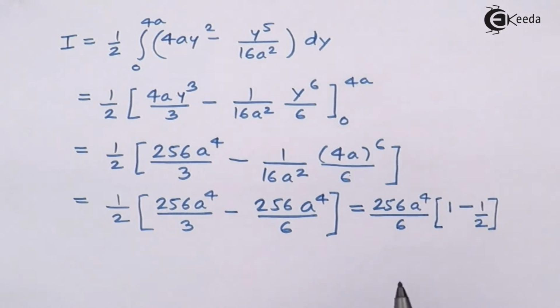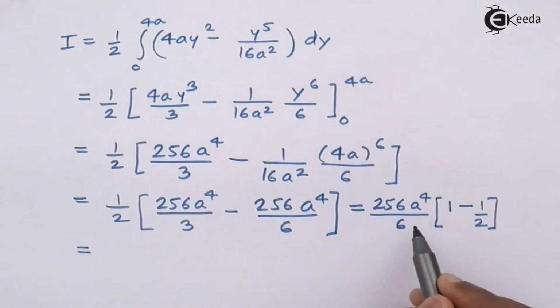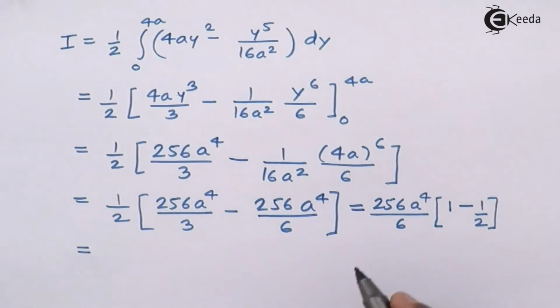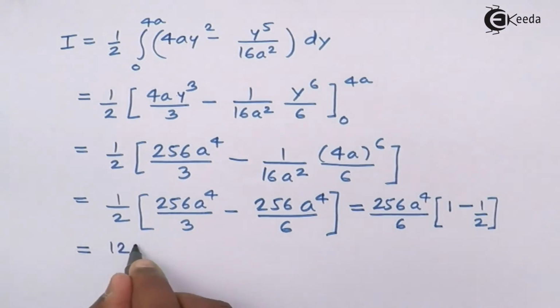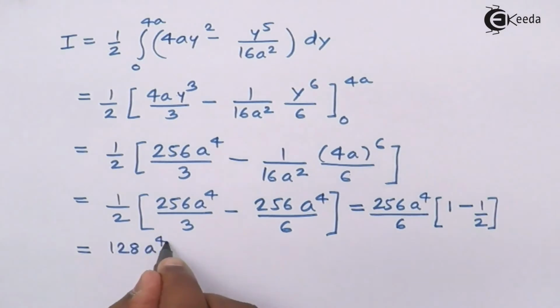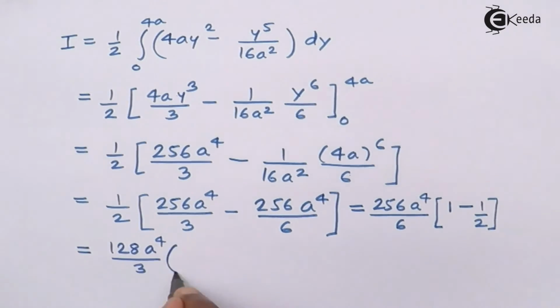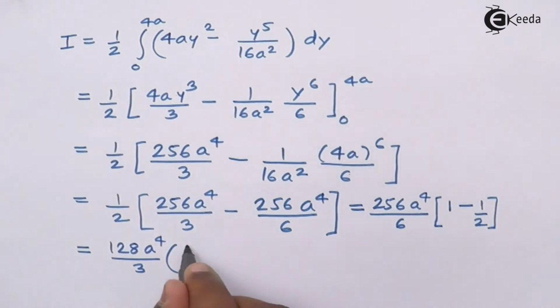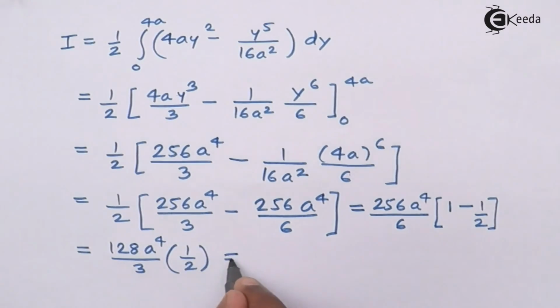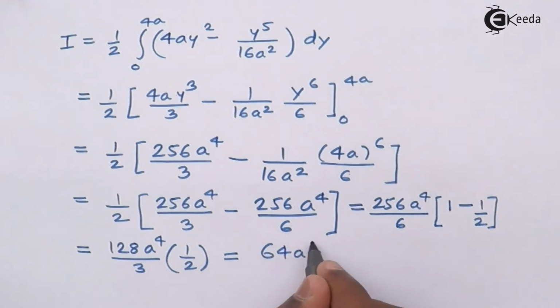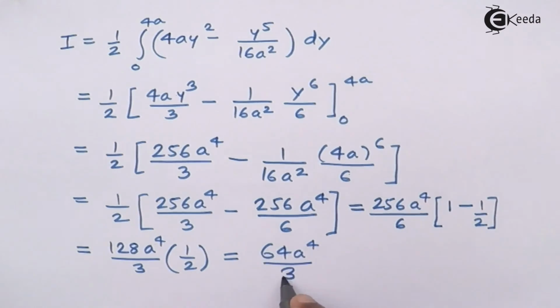Now guys, let's simplify this. Here I'll divide these two numbers by 2. So we will get 128 a raised to 4 upon 3, and this will be 1 by 2. And in the end we will get 64 a raised to 4 upon 3. Therefore the value of the integration is 64 a raised to 4 upon 3.